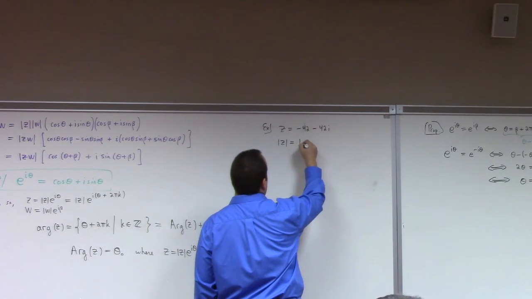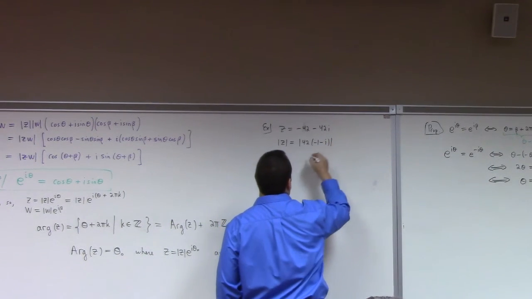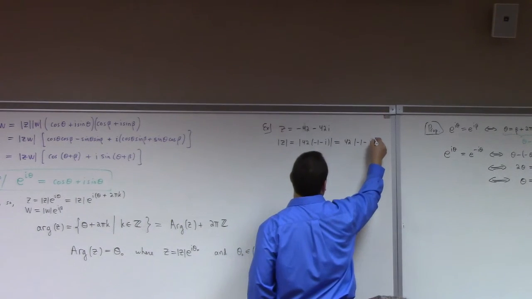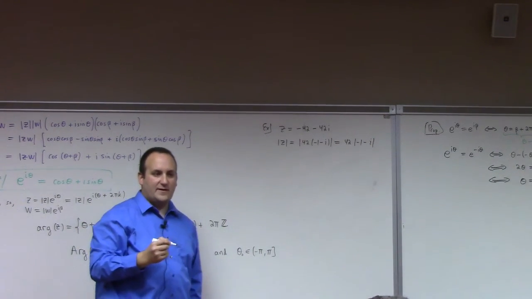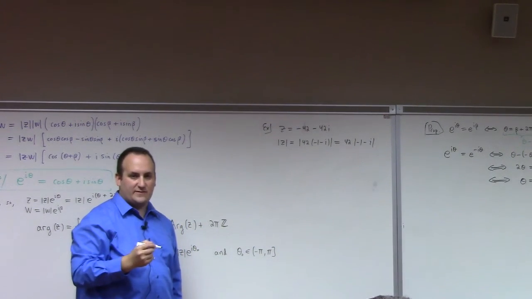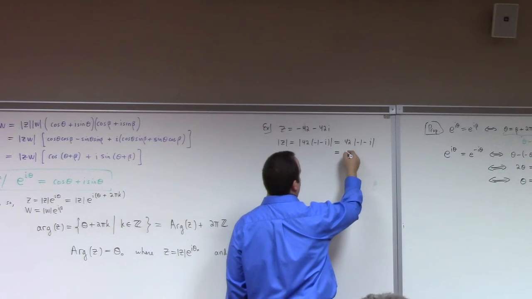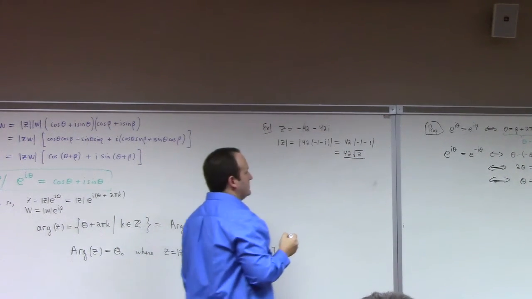The modulus of 42 times minus 1 minus i, which is, by the way, 42 times the modulus of minus 1 minus i. If you're squaring 42 and adding it together, you're doing this the wrong way. You should factor the 42 out. Use properties of the modulus to see that it's 42 times the square root of 2. Properties of the modulus.